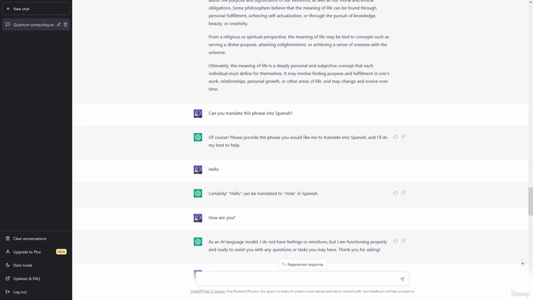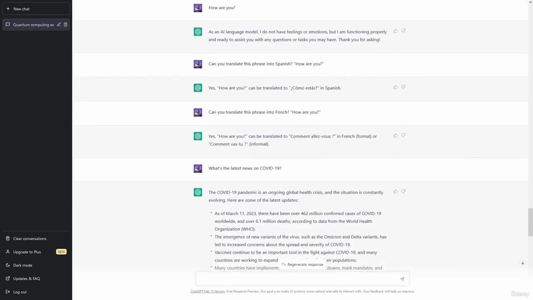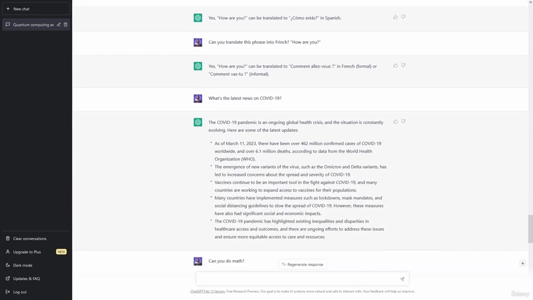It gave us some information that was not quite accurate about COVID-19. It probably, because of its algorithm, was able to give us the current date, but the information that it added was incorrect. So these numbers have gone up since the last time that it checked, it looks like.